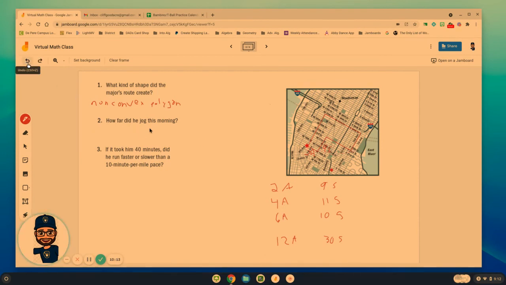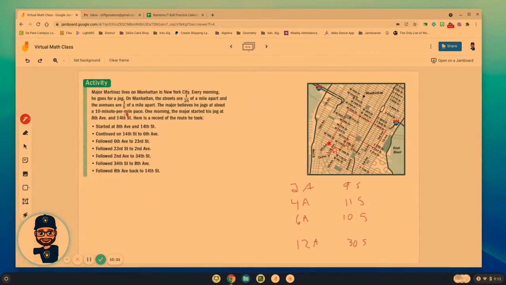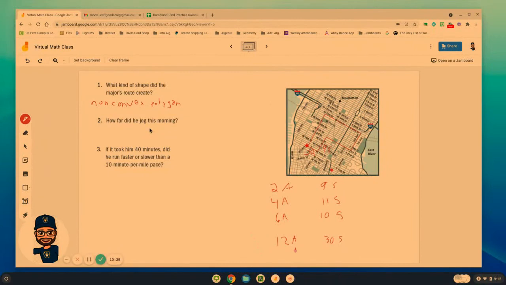How far did he jog? Well, he did 12 avenues and 30 streets. Each avenue is 1/5 of a mile apart, and each street is 1/20th.